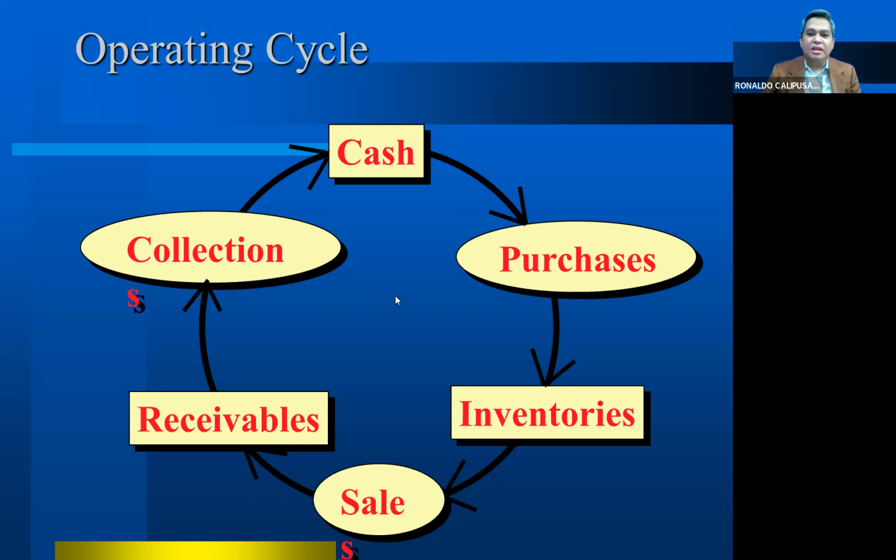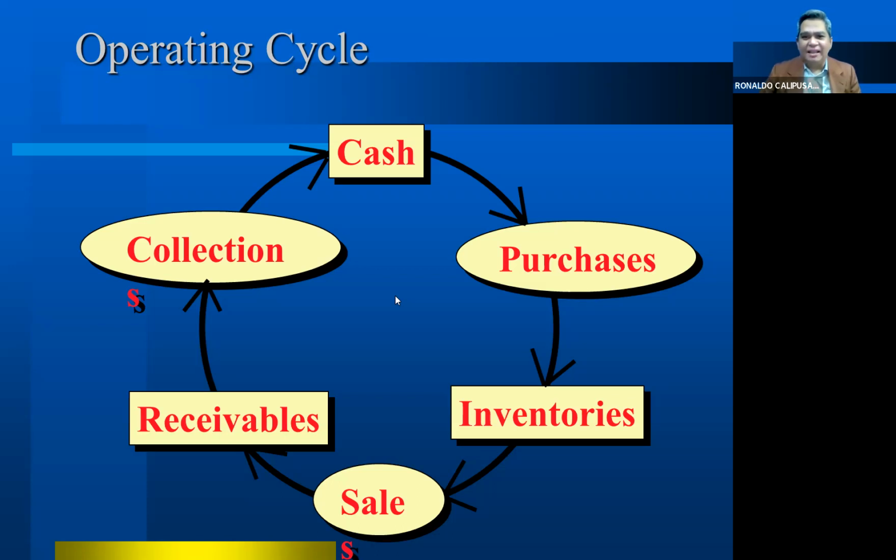Remember our customers, they will not pay immediately or cash. They will not pay cash on delivery. They probably would be asking for a term. So there is receivables, and of course we expect them to pay. So we collect the receivables and then turn into cash again.